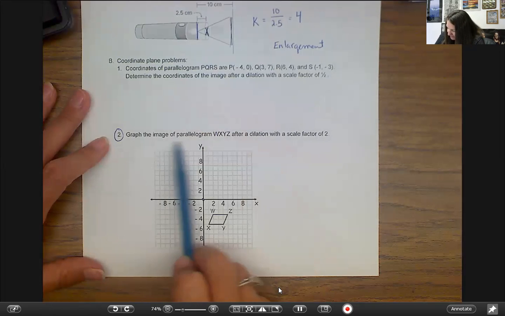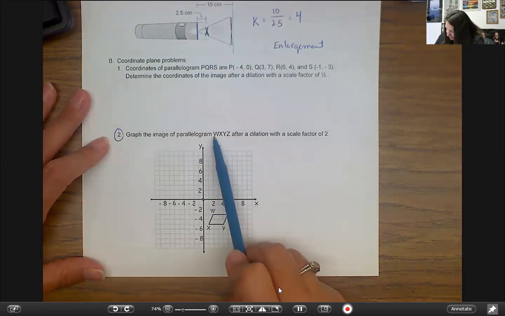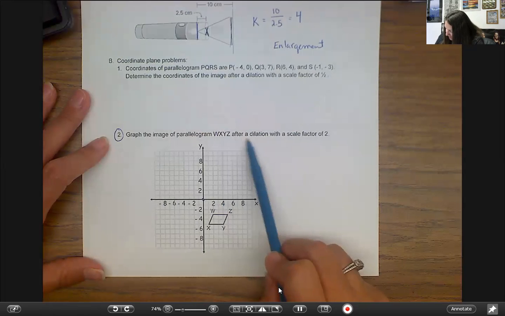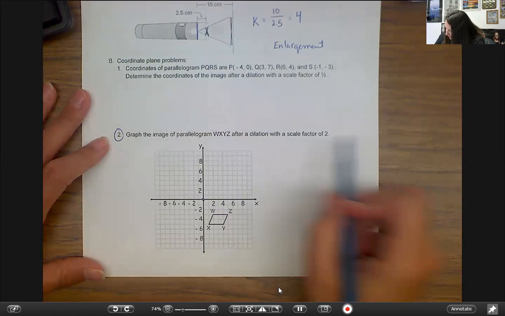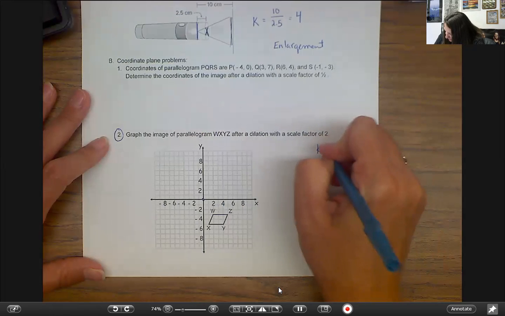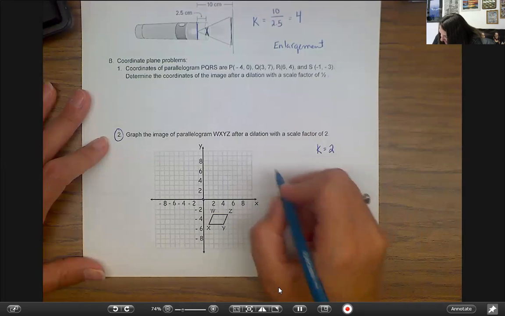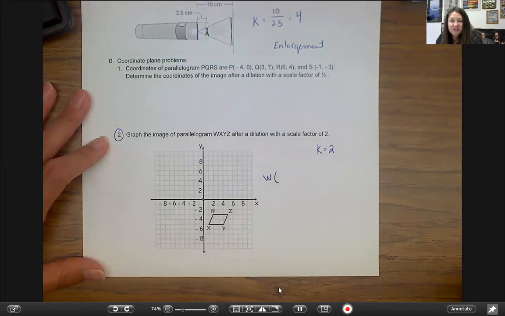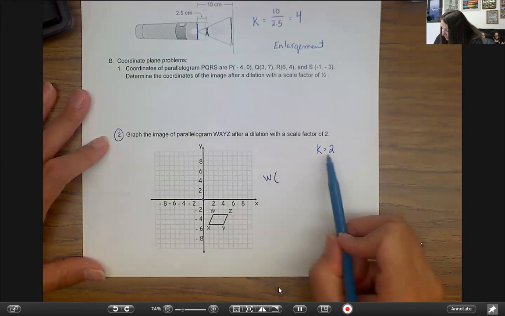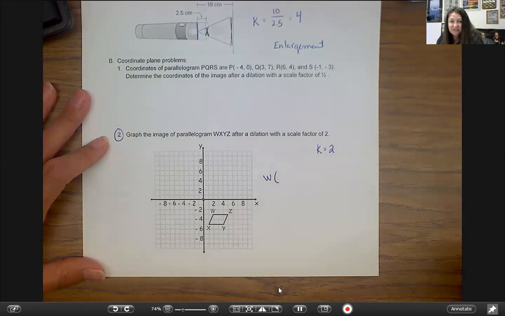Graph the image of parallelogram WXYZ after a dilation with a scale factor of 2. Well, what I want to do is take the original coordinates of each of your vertices and multiply it by our scale factor to get where our image points would move to.